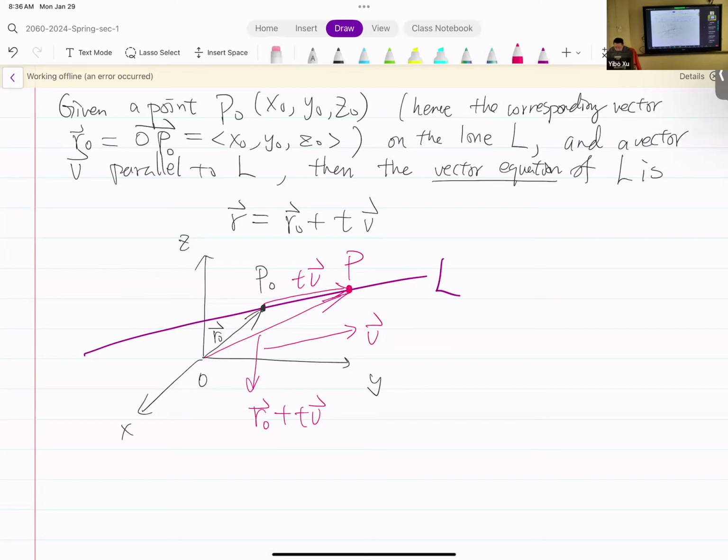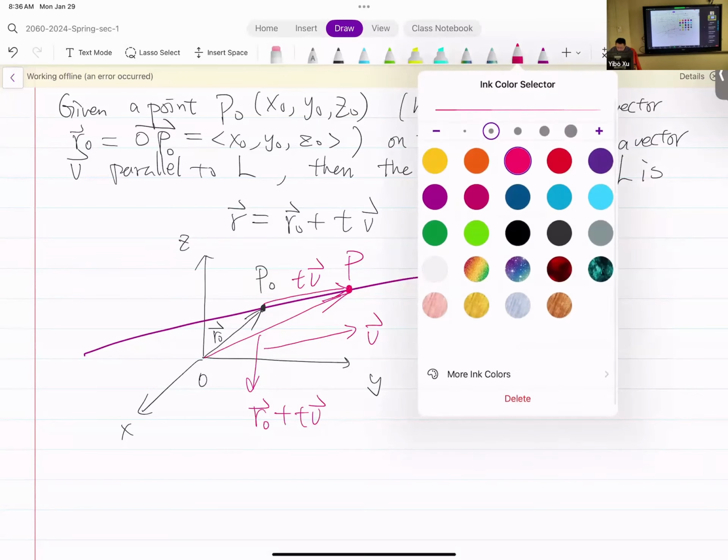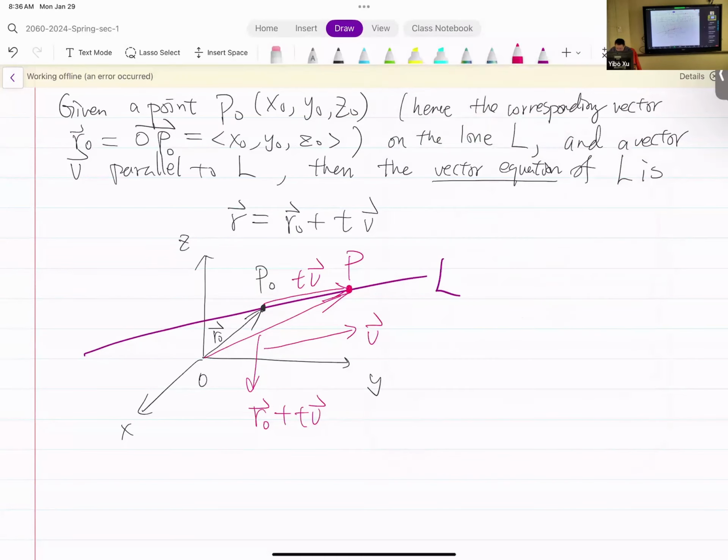This is the case where t is a positive scalar. What I meant is if it's negative, on the other side of the black point, it's also really similar, because it just makes the vector tv have the opposite direction.